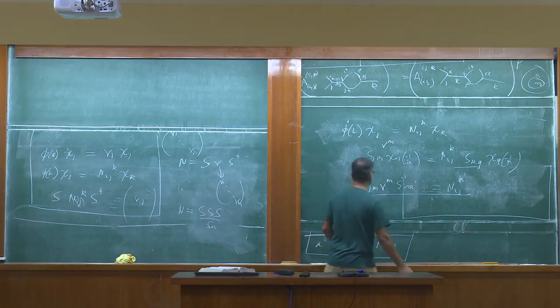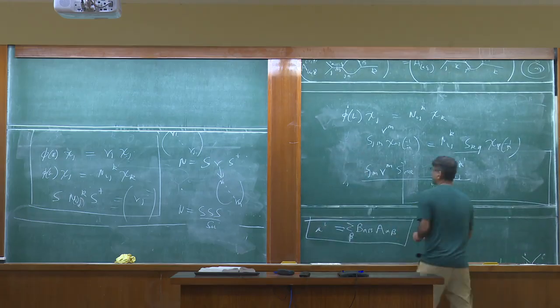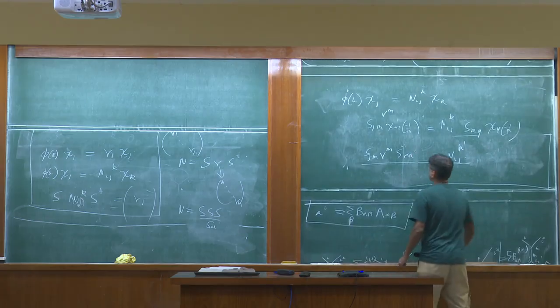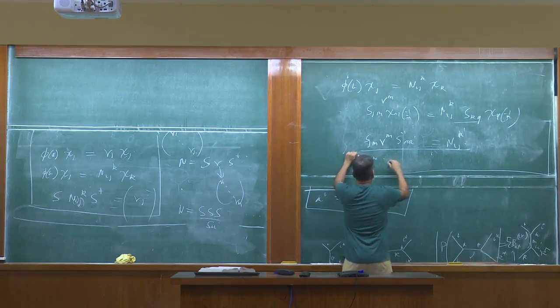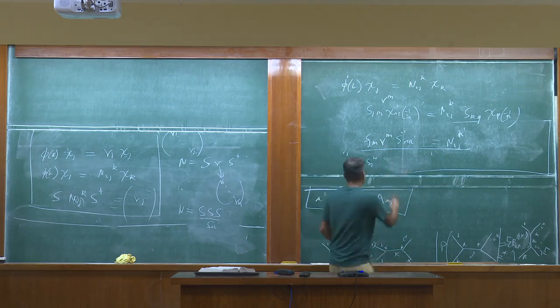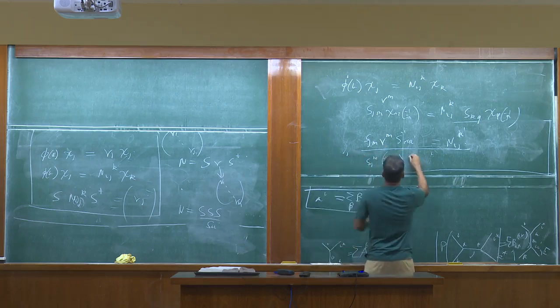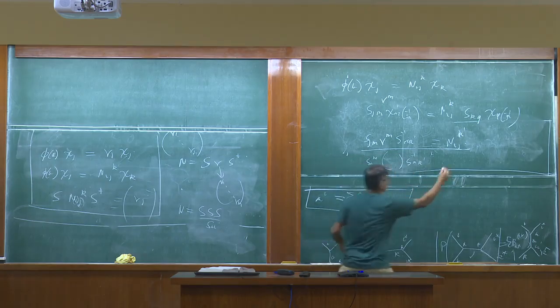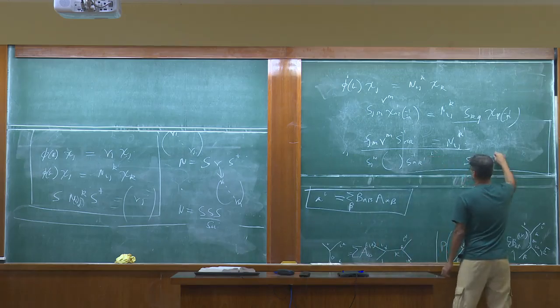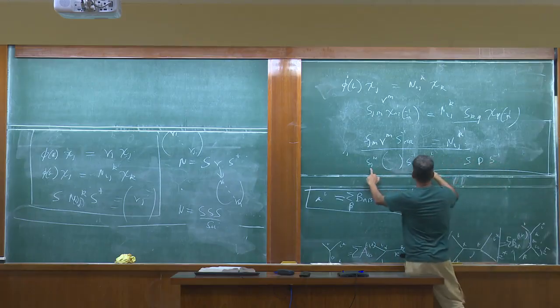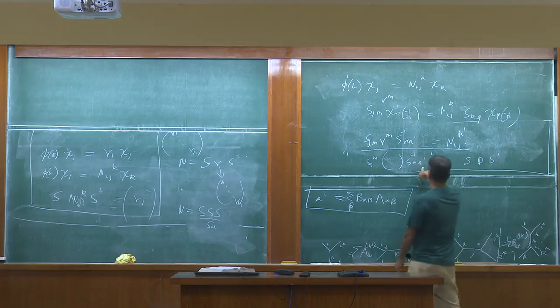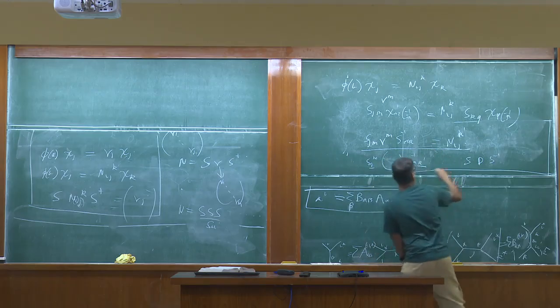And now let's write it in matrices. This is matrix multiplication S j m, then a diagonal matrix with only m, and then S inverse m k prime. So this is written as S d S inverse, with matrix indices j k prime.